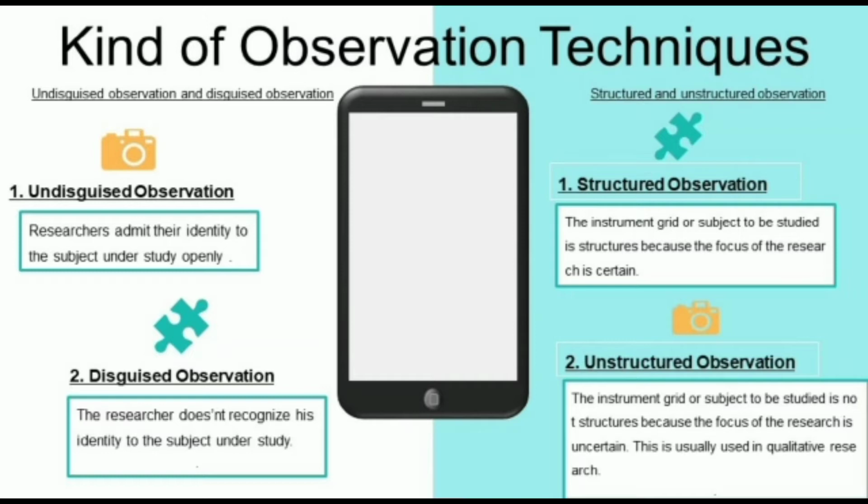Kalau fokusnya itu sudah pasti, maka besar kemungkinan researchers make an instrument grid. But when the focus is not certain, besar kemungkinan the researchers do not make an instrument grid.